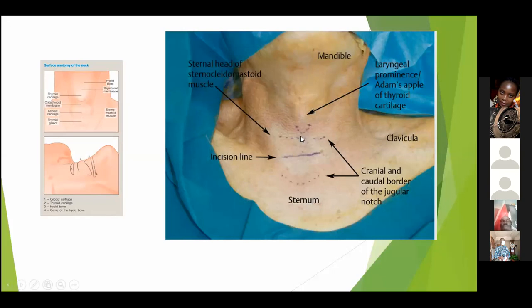So your incision for the cricothyroidotomy should be in between these two lines, where your thyroid cartilage is and where your cricoid is. There's a membrane which you puncture to get into their airway.